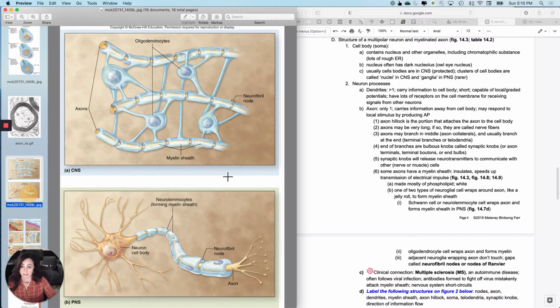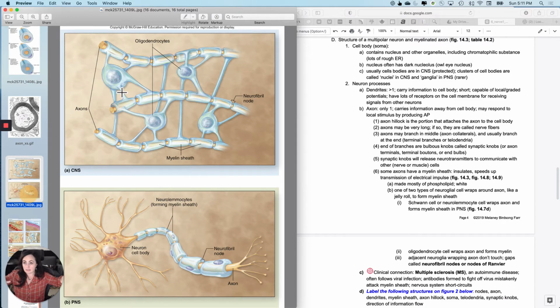But how it's done in the CNS is with a different kind of cell that does something similar. This cell sits off to the side, and it wraps fingers of its cell membrane around different axons. So this is how you myelinate in the central nervous system. The cells that do it are called oligodendrocytes. Oligo means many, dendro means fingers, and cyte means cell.